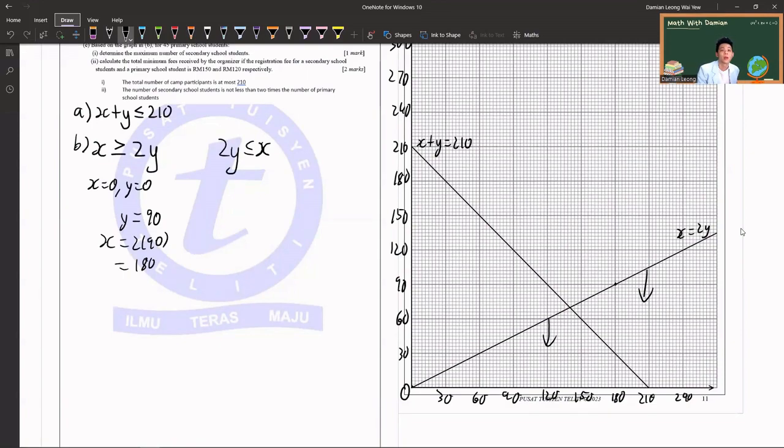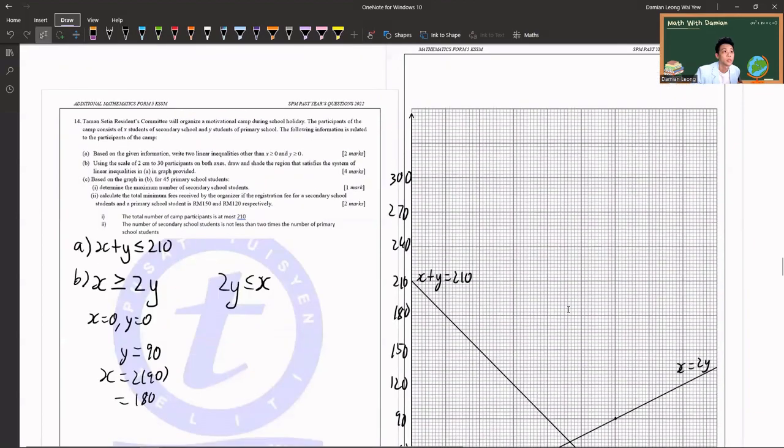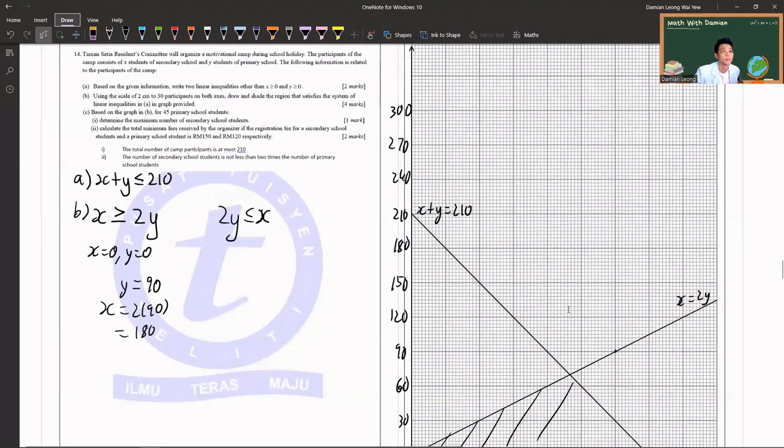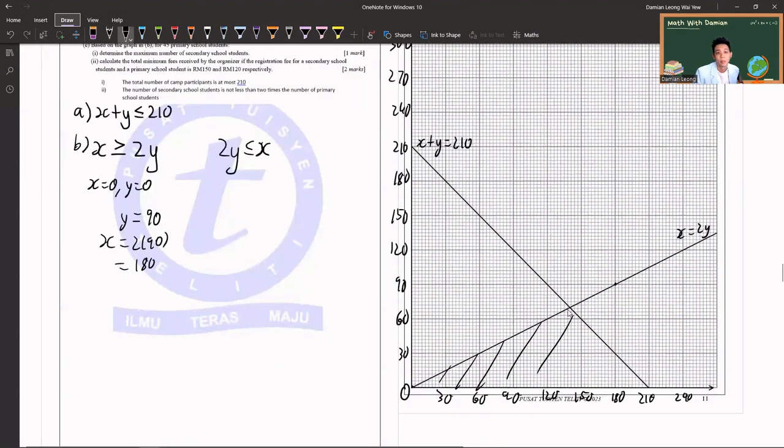Also less than, whether I compare x or y, is below and to the left. So the only part that satisfies both inequalities would be here. Okay, so we shade this region that satisfies both inequalities.